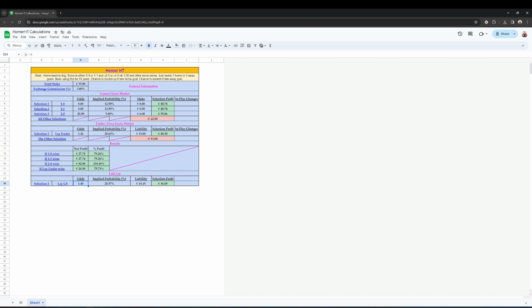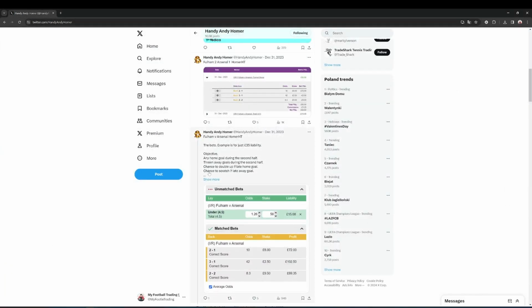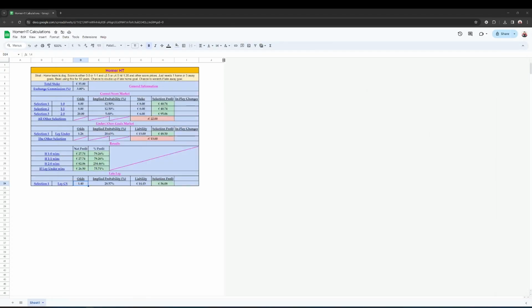And here is, you remember he was saying in his tweet that, and I'll show it again, chance to double up if late home goal, chance to scratch if lay away goal. What does that mean? That means that if you go, so it is 36.08 because if you deduct the commission, it will be 35. Yeah, so it will just cover my total stake.